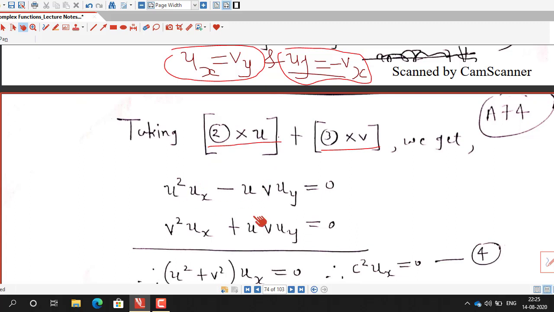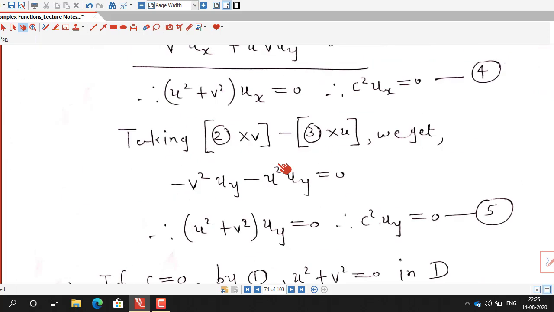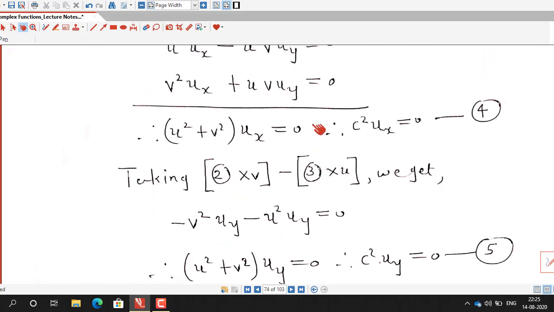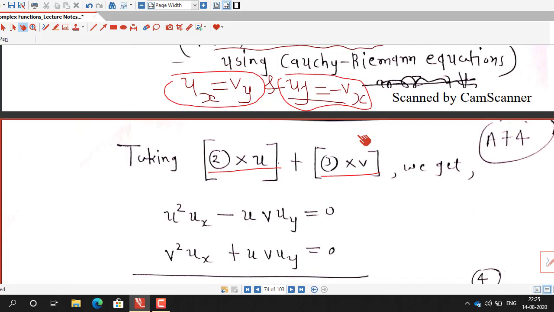So we obtain this type of equations. Now this is 2 into v minus 3 into u. If we multiply 2 with v, then this will be uv del u by del x, and this term will be uv del u by del x, so it will cancel out, and this is going to be minus v square uy minus u square uy.